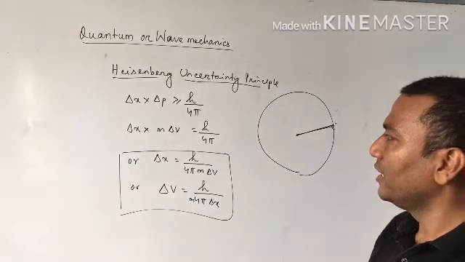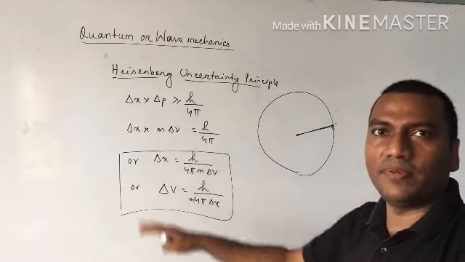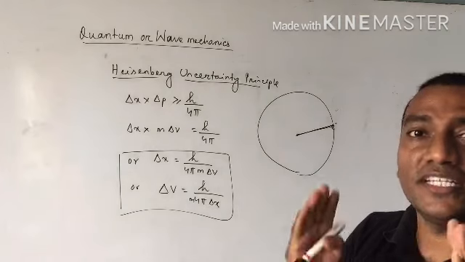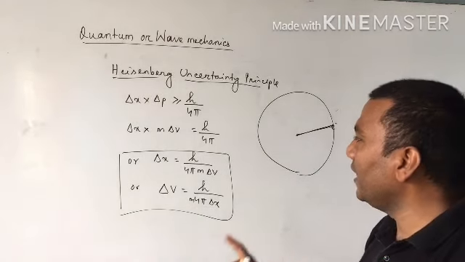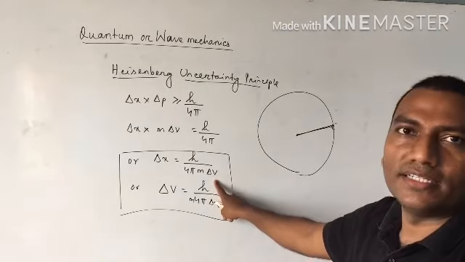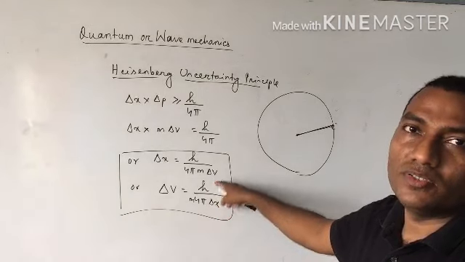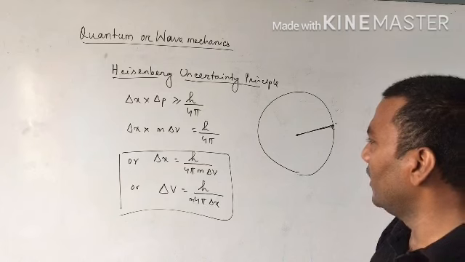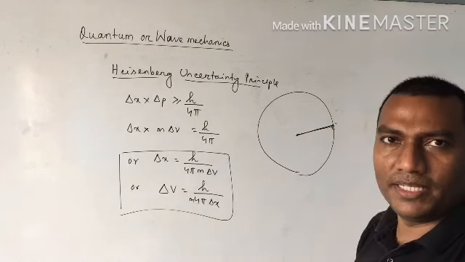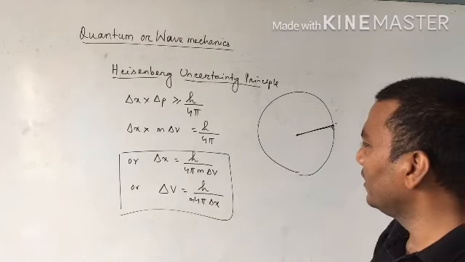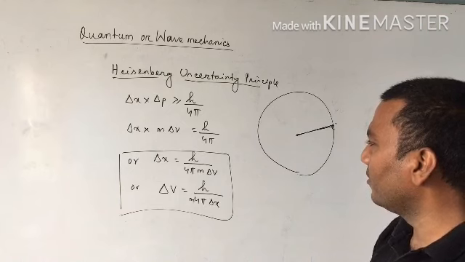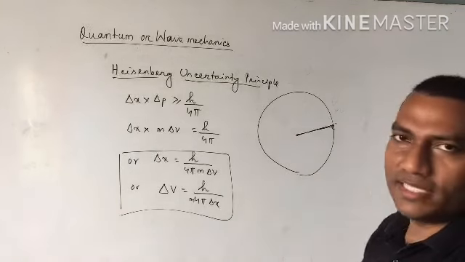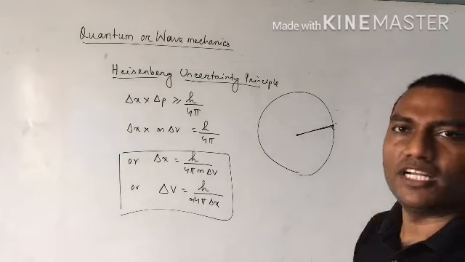So if we calculate the delta x value with 100% certainty, it is very difficult to calculate delta v. Why? Here we have taken delta v as 0, so it is not possible. Similarly, when you are calculating the velocity, we cannot calculate the distance with 100% accuracy.